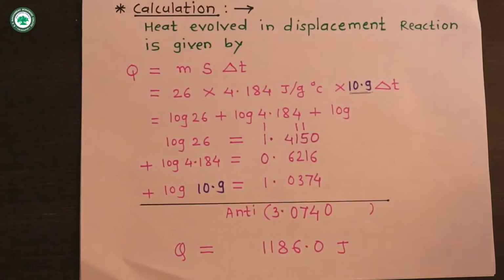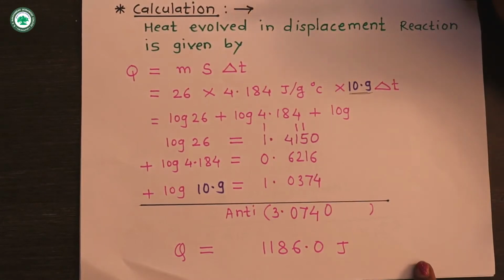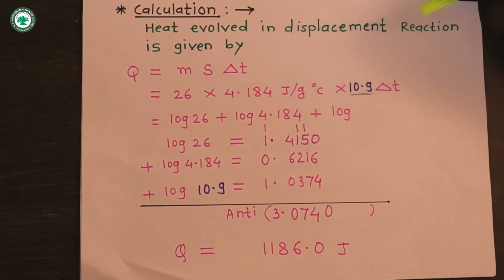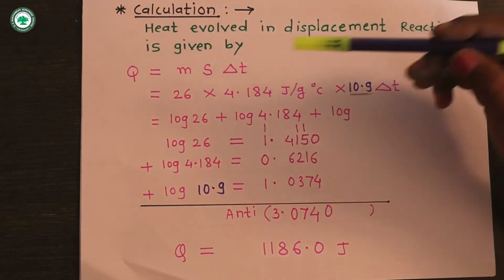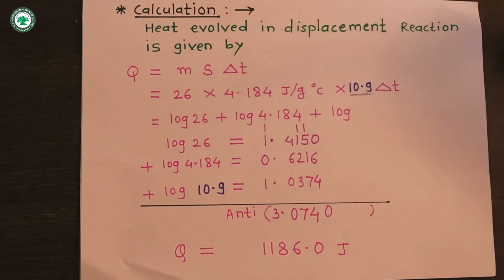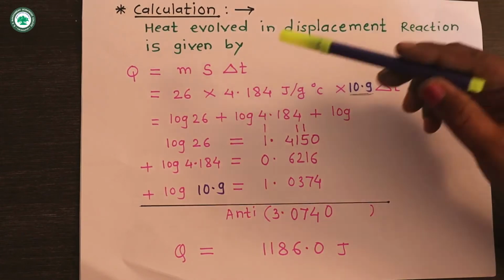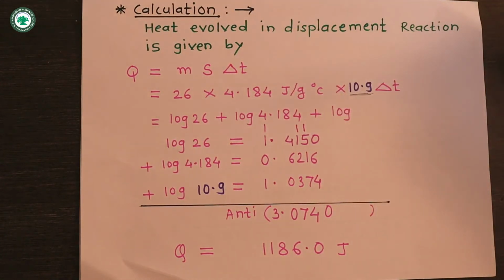Now let us consider the calculation. Heat evolved in a displacement reaction is given by Q is equal to m into S into delta T. Here small m is the total mass of solution, S is the specific heat capacity of water, and delta T is the rise in temperature.